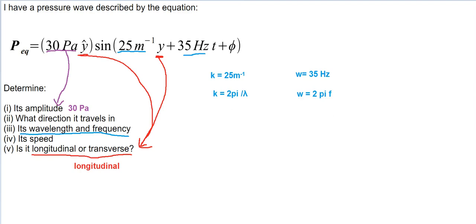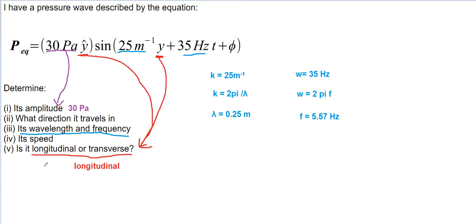So using this, you can actually rearrange and solve for the wavelength and the frequency just by using math. Because if you know what k is, you can figure out what lambda is, and if you know what omega is, you can figure out what f is. If you rearrange and solve this for lambda, you'll receive 0.25 meters, and for f, the frequency, you'll receive 5.57 hertz. And that's how you would get to number 3.